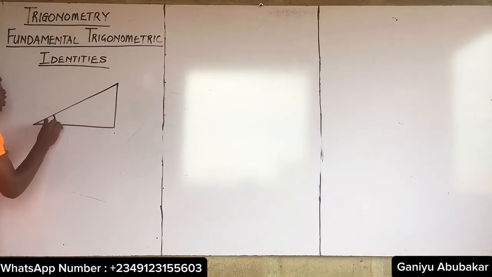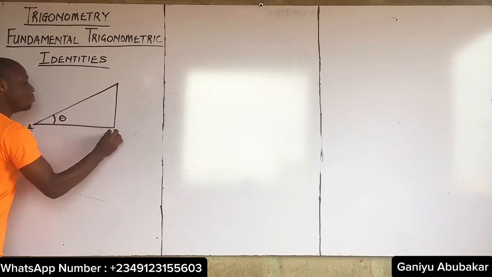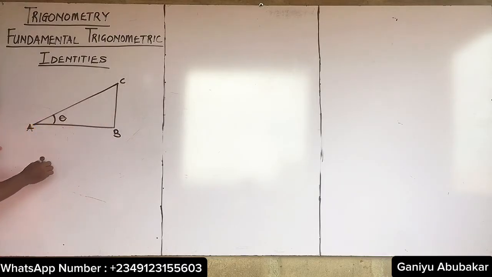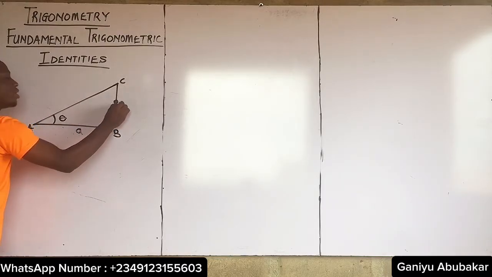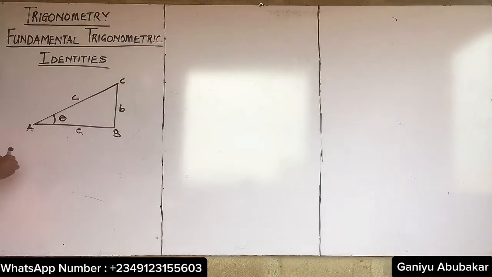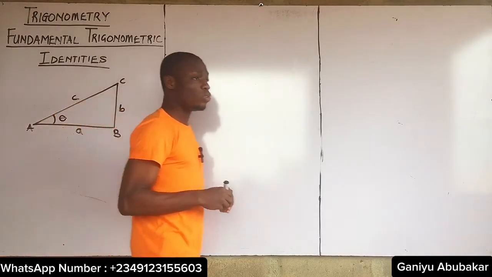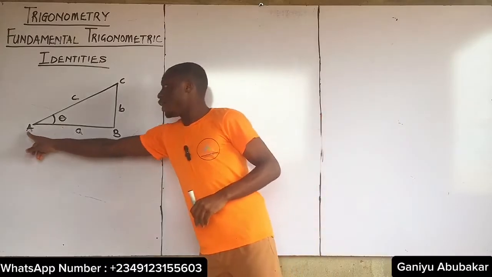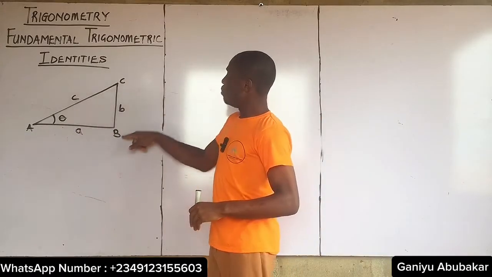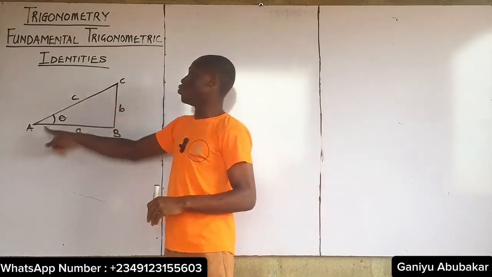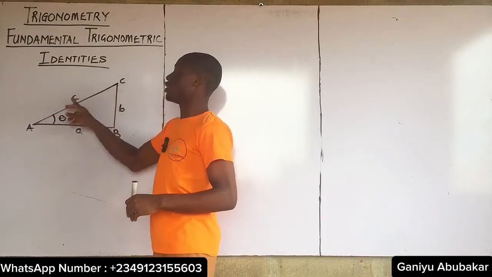We said let's call this angle theta. The vertices are A, B, and C, and the sides are small a, small b, and small c. This is a right angle triangle. So A to B is small a, B to C is small b, and A to C is small c.